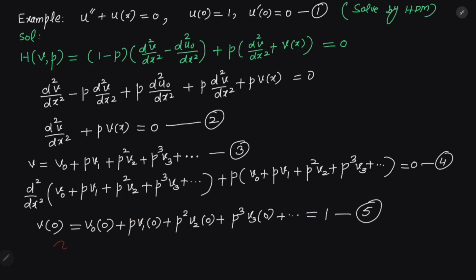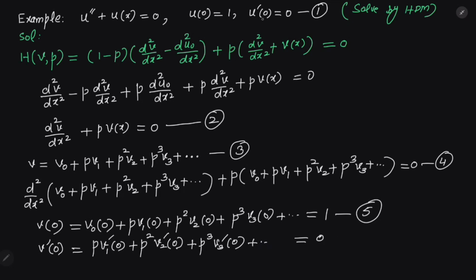Similarly, first I take a derivative. When I take a derivative of our solution, v naught is constant, so its derivative will be equal to 0, and we get v dash 0 will be equal to p v1 dash 0 plus p2 v2 dash 0 plus p3 v3 dash 0, and so on, that will be equal to 0.